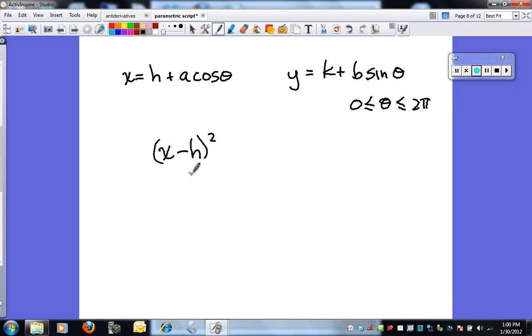Same idea, counterclockwise. So remember the direction that we had before, over b squared equals 1.